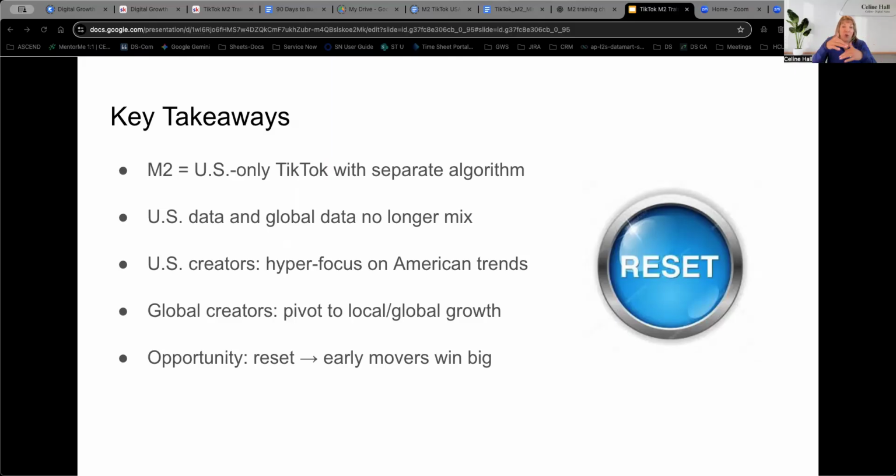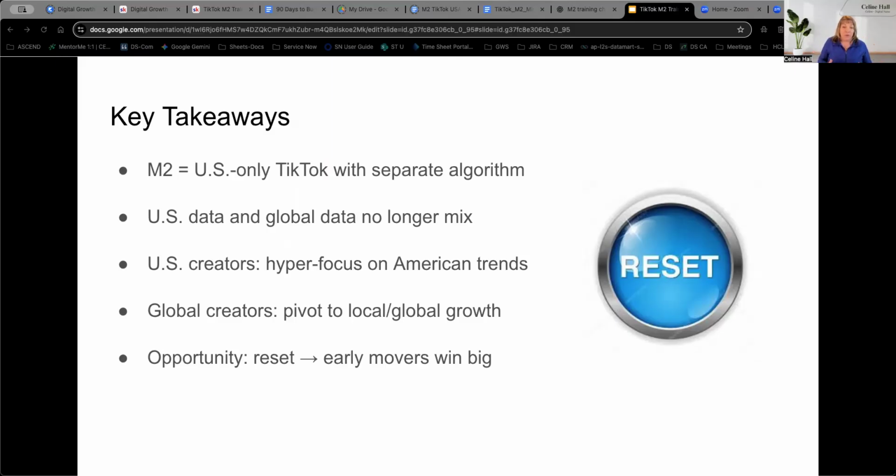The data is not going to cross over from one to the other. It's really important that you guys know this. For US creators, the focus is hyper local content and community building. For the global creators, the focus is going to be on regional and multilingual growth.